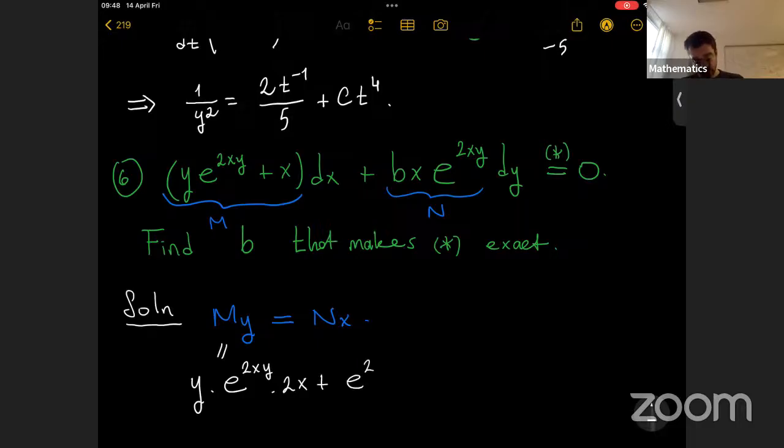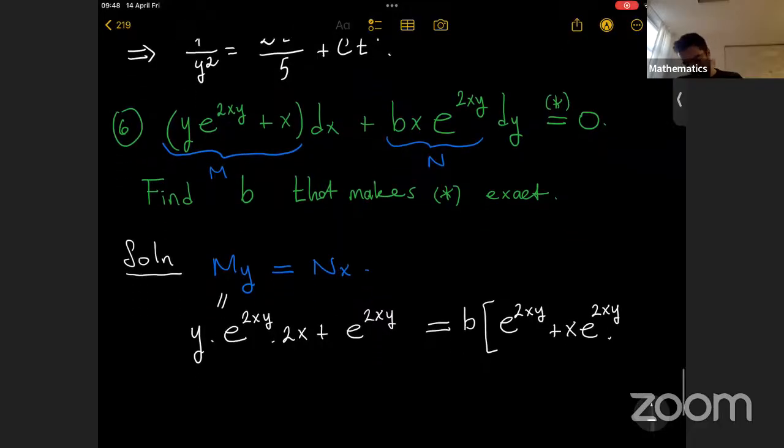e to the 2xy. And N sub x is b times, take b out, e to the 2xy plus x times e to the 2xy times 2y.